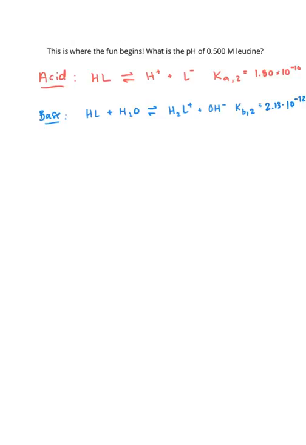So the only way for us to approach this problem is to use a systematic treatment of the equilibrium. We need to consider both the charge balance in a solution of leucine and the equilibrium constants that pertain to the solution and anything in it. Our charge balance will tell us that the total number of positive charges is equal to the total number of negative charges in solution.